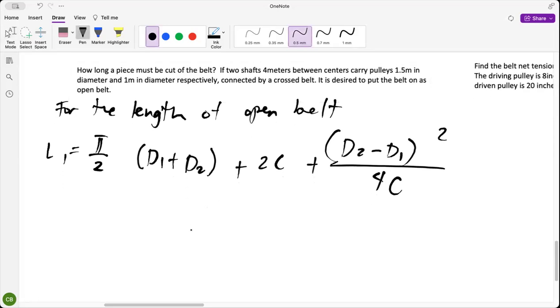We have D1 equals 1.5, and D2 is 1. Then we have the center distance of 4.